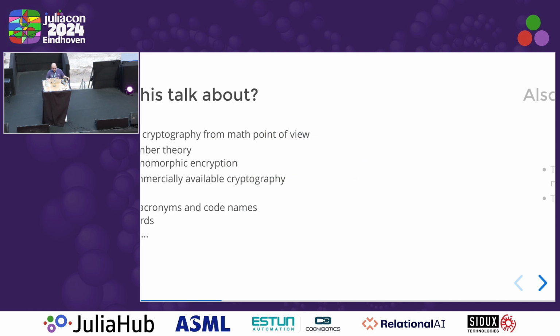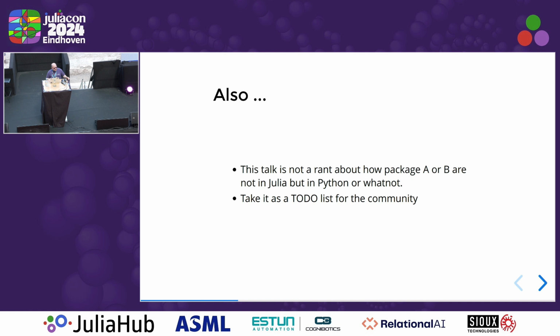Let me mention that this is not a rant about, oh, my favorite package in Python is not available in Julia, or my favorite package in Rust is not available. It's not that either. It's kind of like a template of things that we need to do. This cannot be done by one person.